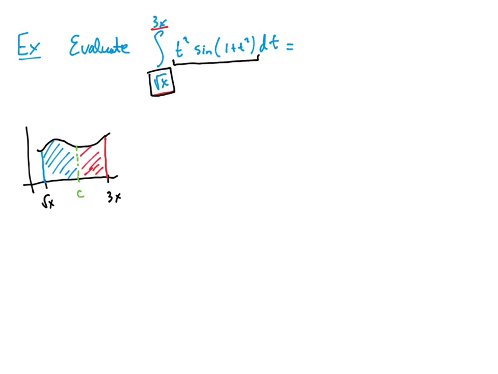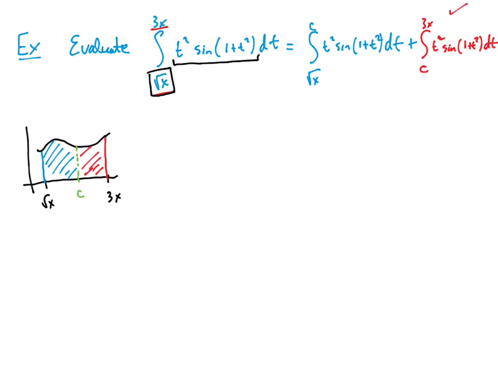For the left-hand integral, we're going to say square root of x up to c of t squared sine of 1 plus t squared dt, plus, and then the integral on the right part is going to be from c to 3x of that same integrand, t squared sine of 1 plus t squared dt. Okay, so the integral on the right looks good.